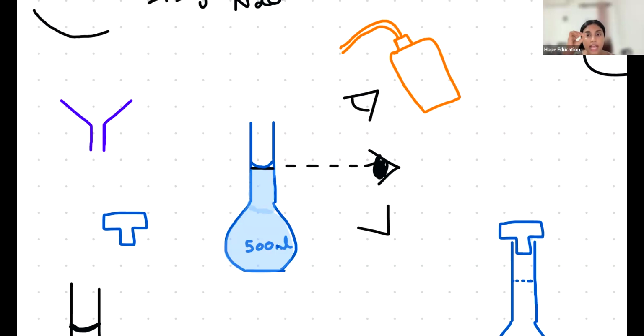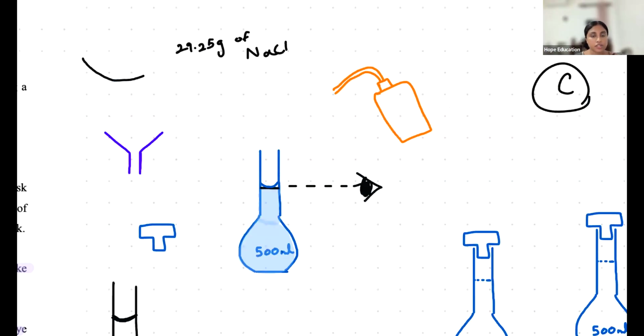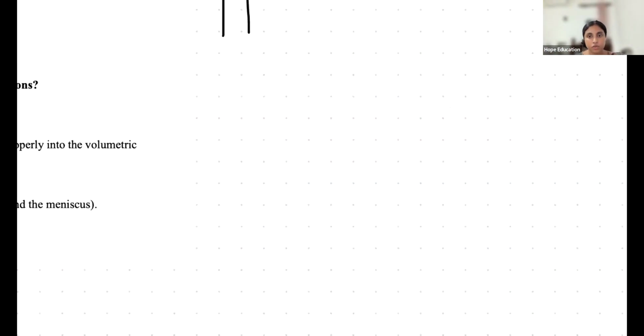So your eye level has to be at the same level as the calibration mark on the volumetric flask. Volumetric flask එකේ තියෙන mark එකට ඔයාගේ eye level එක adjust වෙන්න ඕනේ. And when you fill the water, the bottom part of the curve should be on the mark. I will show you a picture that properly shows this quite well.